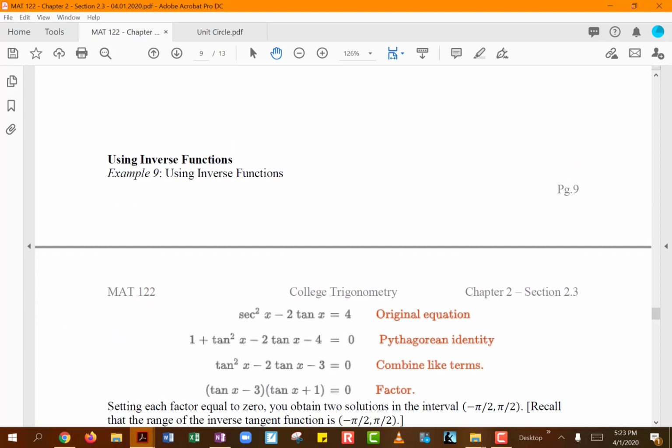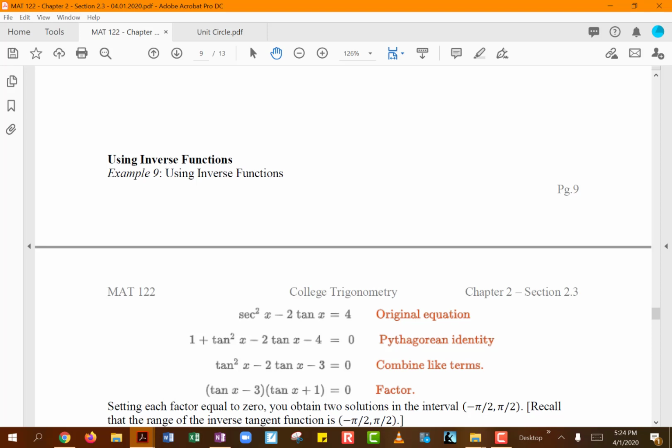Alright guys, we're getting close to the end of this section, just a couple more examples here. This one is talking about how we can use inverse functions to help us solve some of these equations. We are given secant squared of x minus 2 times tangent of x equals 4.